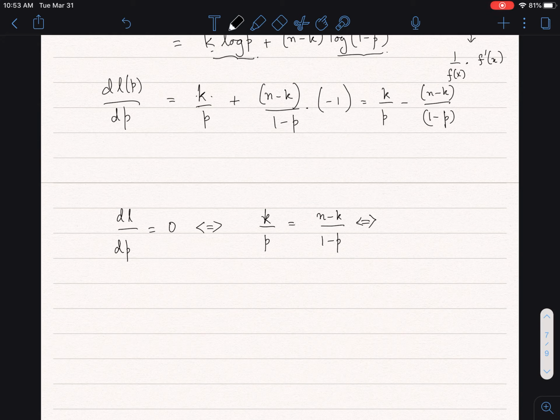This is equivalent to k minus kp equals p times (n minus k). We need to solve for p, so let's collect the values of p. So take this over here. You find that k equals n times p, or p equals, sorry, k by n.